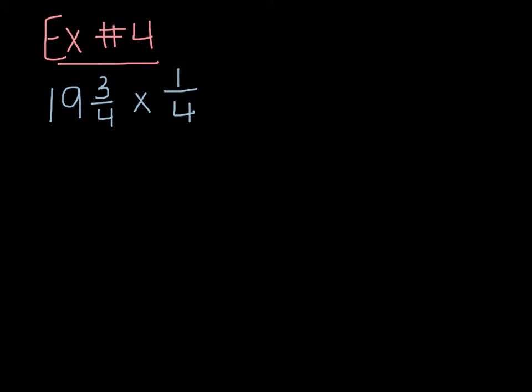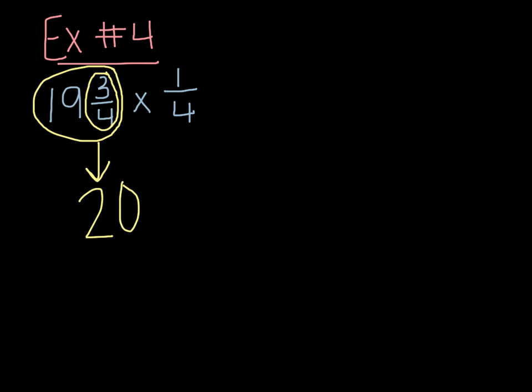Okay, example number 4. Now we have a mixed number again. So we are just going to round that mixed number to the nearest whole number, because it's kind of hard to estimate with a mixed number. I know that 3/4 is pretty close to a whole. So 19 is going to round up to 20.